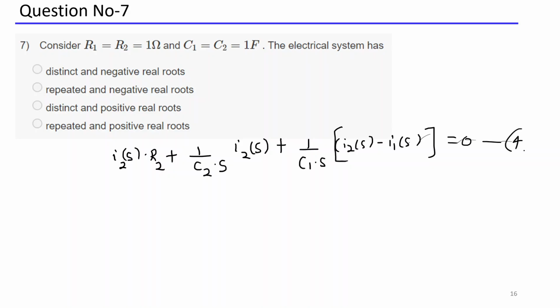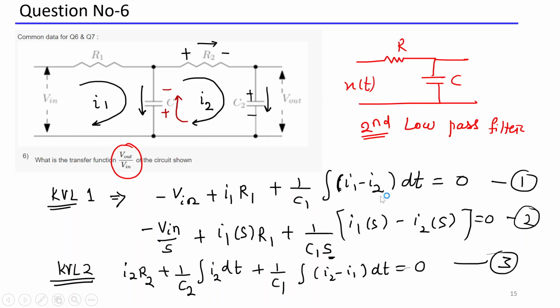This is equation number 4. I'm doing the Laplace transformation carefully.